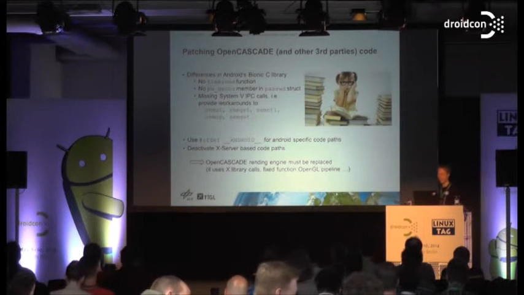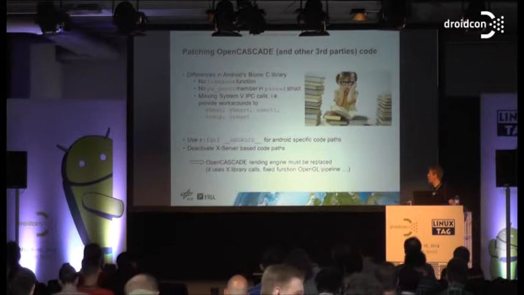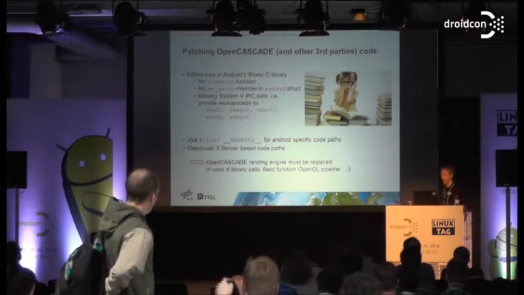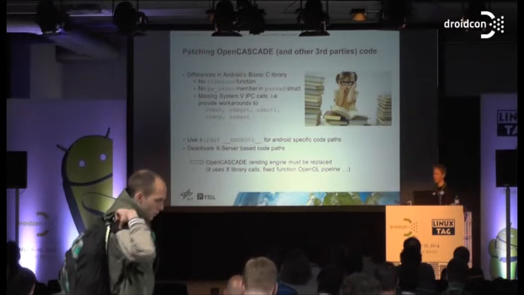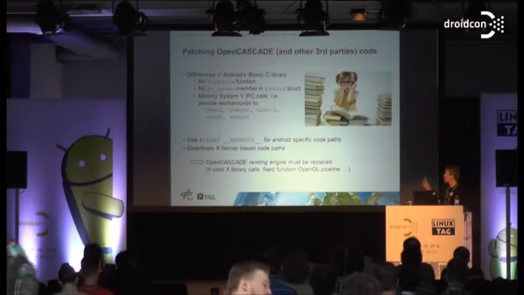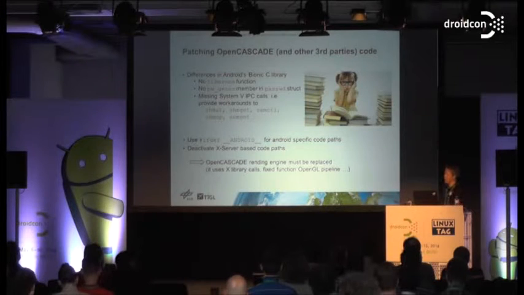It's the Bionic C library, which is part of Android. For example, there's no time zone function, so we had to work around that. Also, the passwd structure, a standard structure in the C library, is a bit different. The pw_gecos member is just missing, which has some user information saved.